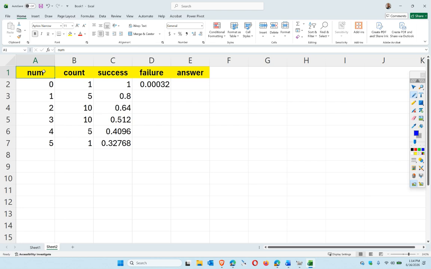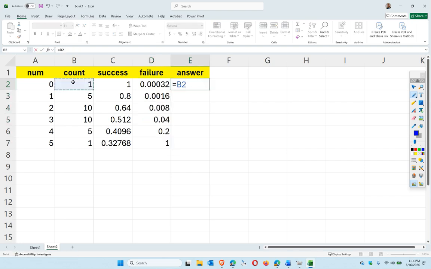We can actually, well, that's number of successes. So we can put number of successes, I guess. I don't know. Just put num, I guess. Okay, so we'll drag that down. Okay, so we're going to multiply this through.